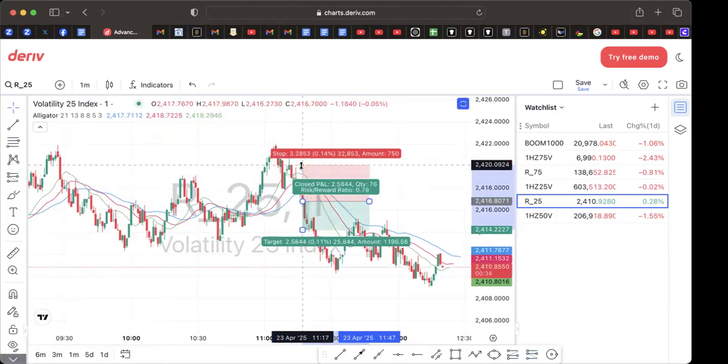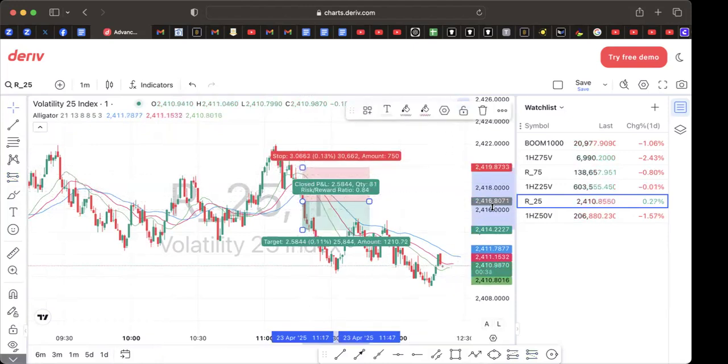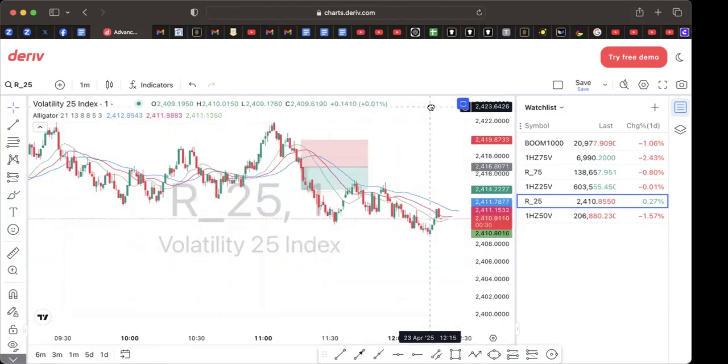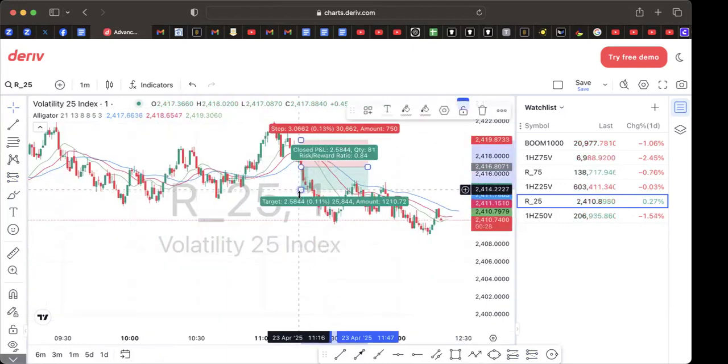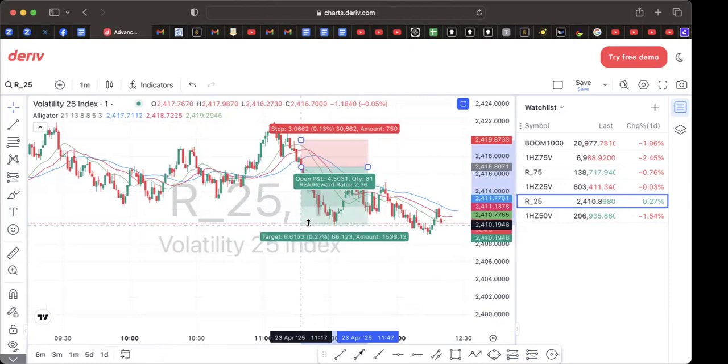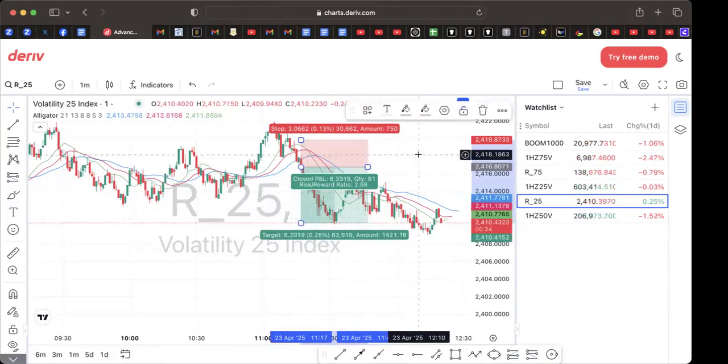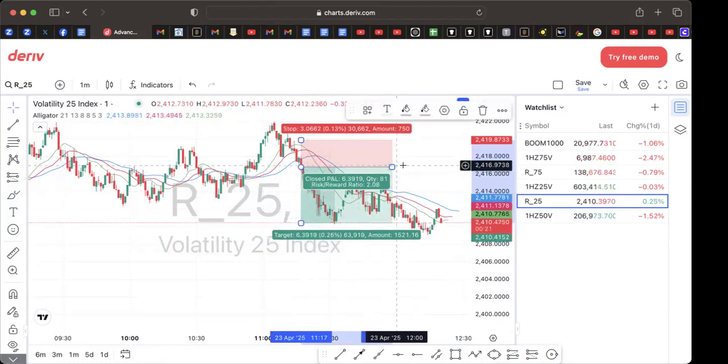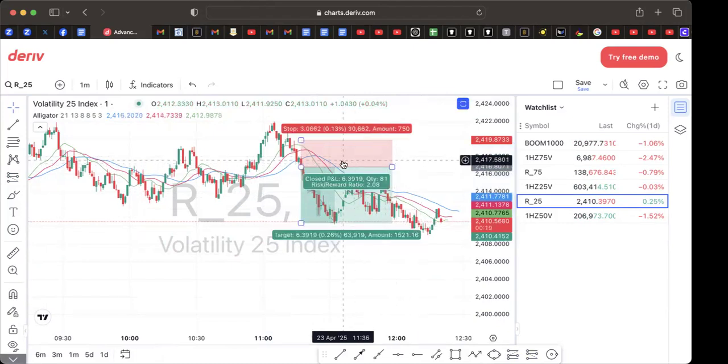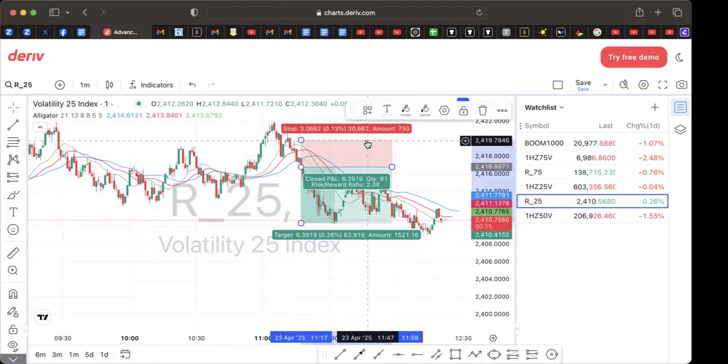So stop loss above the lips, then 1:2 or 1:1 depending, or 1:1.5, or 1:2 as quick as possible, right? So you're done. So you are looking for another opportunity.